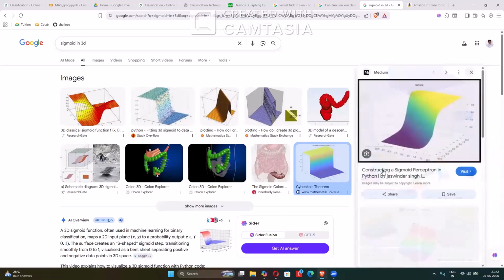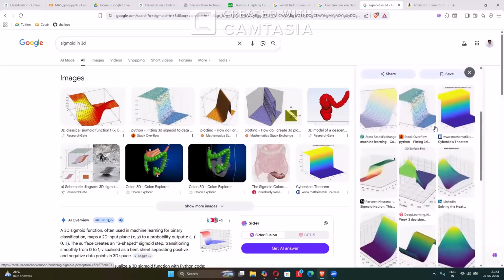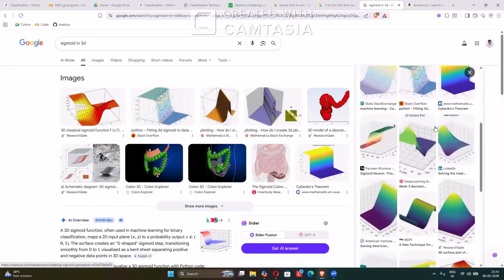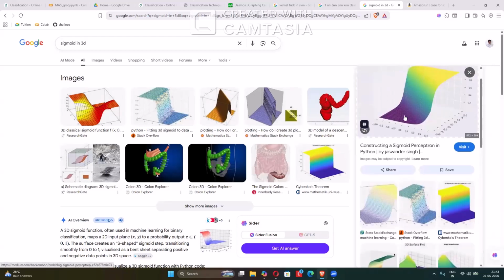It will be a curve like this. Some data points will be above this curve and some data points will be below, in this region.